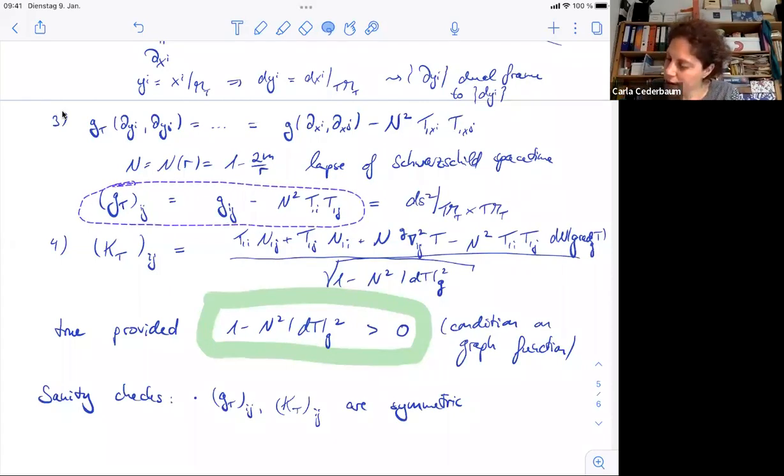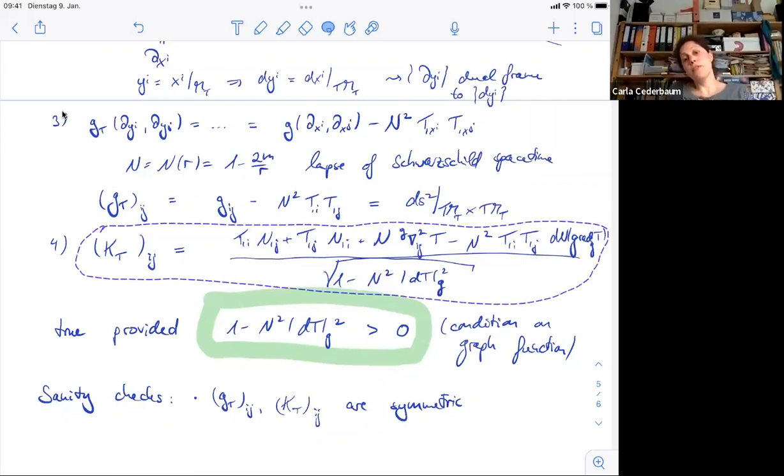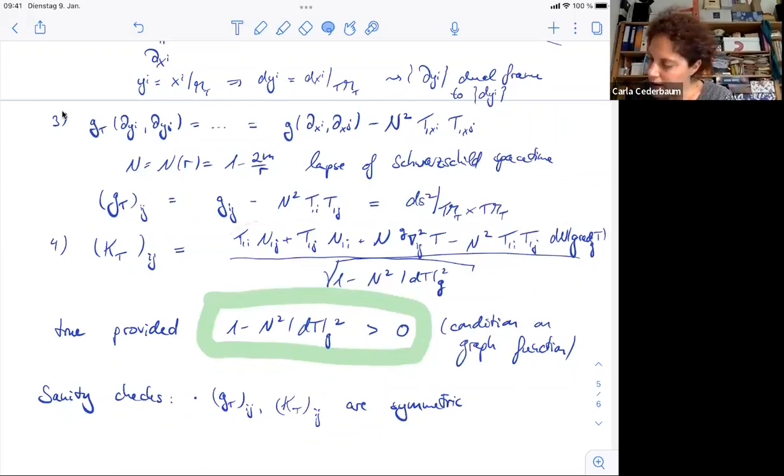And now for this longer formula, it's also symmetric. The first two terms on the right-hand side are the same with i and j interchanged. This is the Hessian of t with respect to the spatial metric g on the canonical slice, so this is also symmetric in i and j. And here we have t_i t_j that's clearly also symmetric in interchanging i and j. So this sanity check is survived.